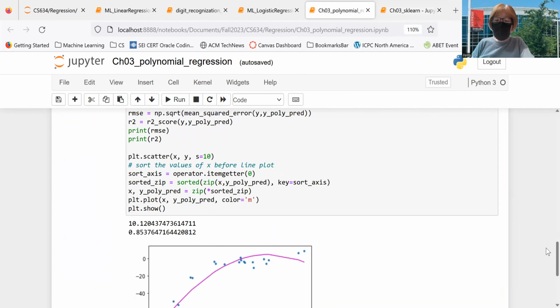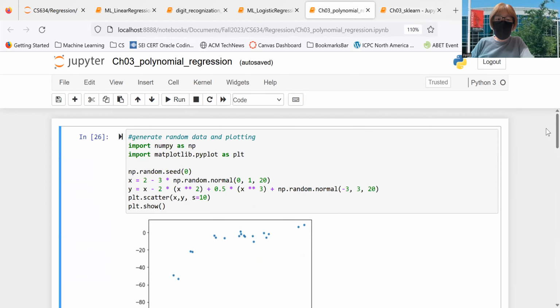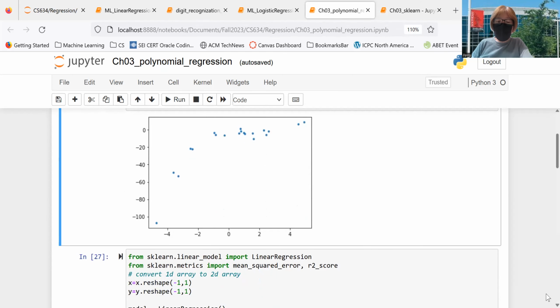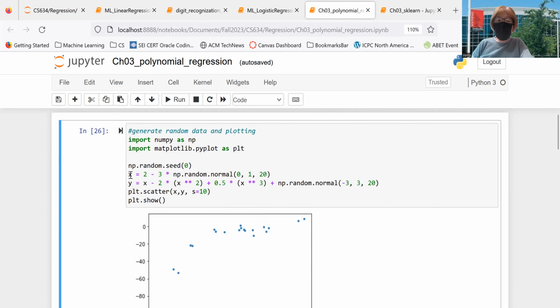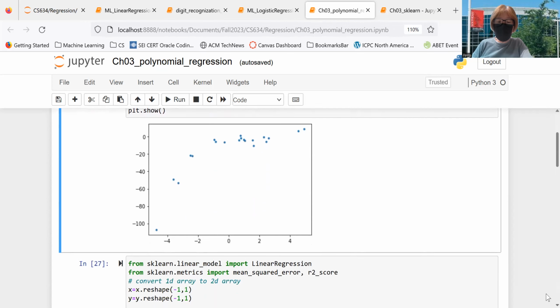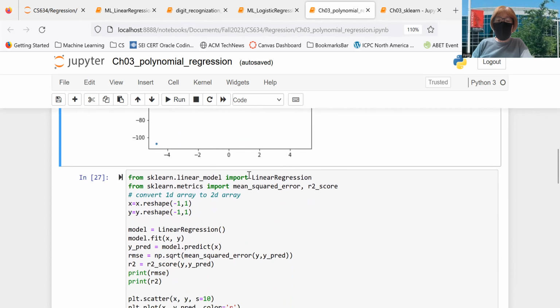And here is another example about polynomial regression. For this, you can do linear regression.